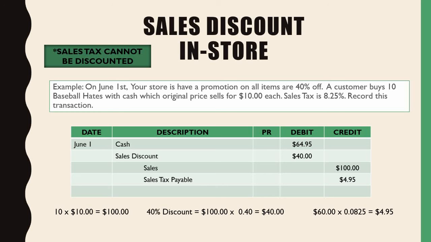Okay, this sales discount here is for anybody. Anybody that walks into your store is going to get this discount. Any customer that wants to buy a product, and you have a store discount, you would use sales discount. Now, in the previous example, that was on a per-case basis, where a customer is complaining and doesn't like the product and you're trying to convince them.